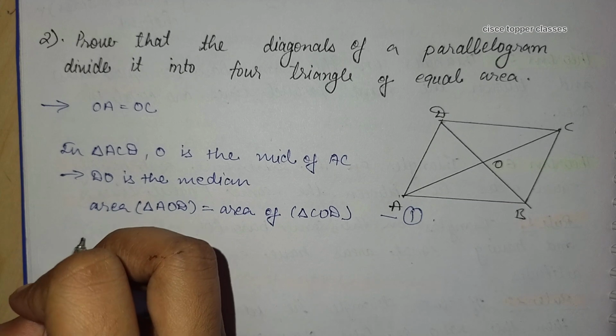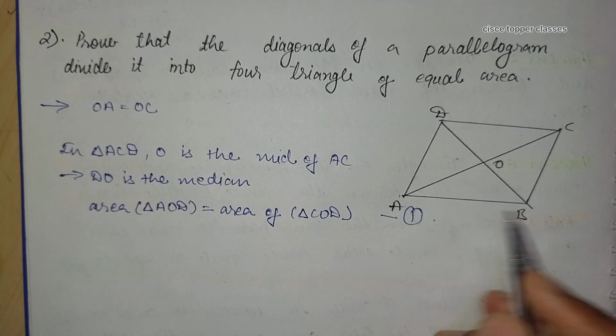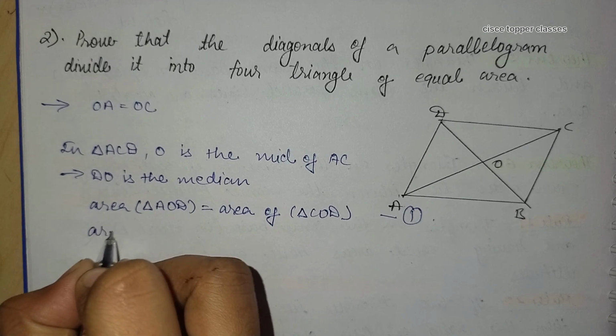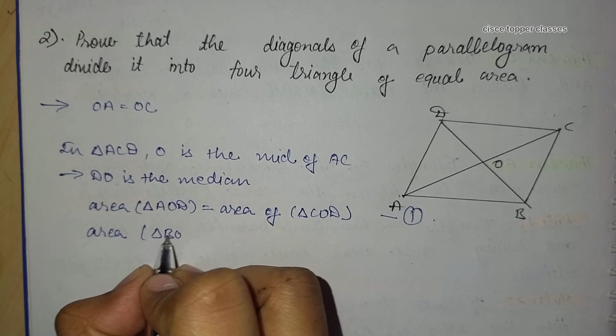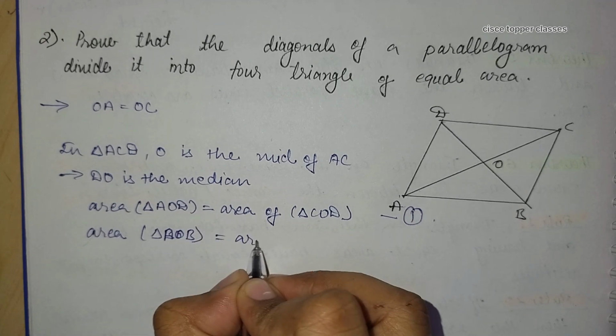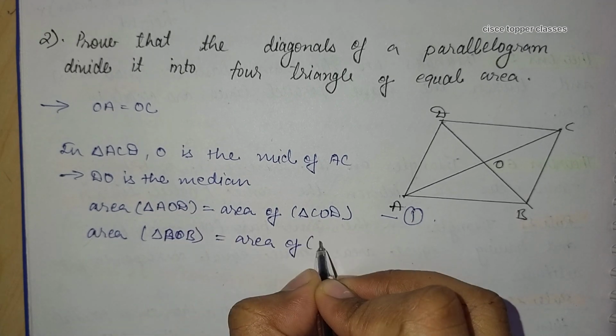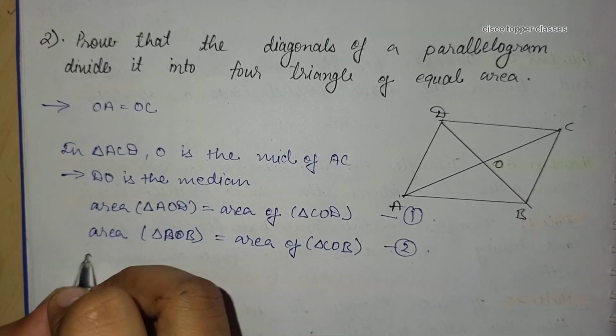Now we have the second point: similarly, in triangle ABC, because BO is the median, the area of triangle AOB is equal to the area of triangle COB. Let it be the second equation here.